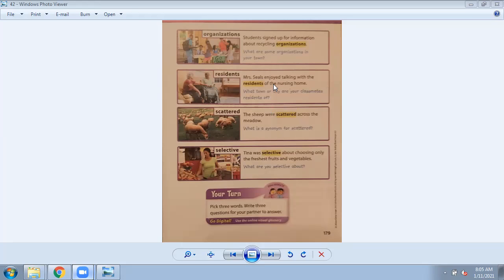Okay. So the residents of the nursing home are the people who live in the nursing home. A nursing home is for people who are a bit older and need some assistance and help. So these are the residents, the people who live in the nursing home. Thank you, Muaz.